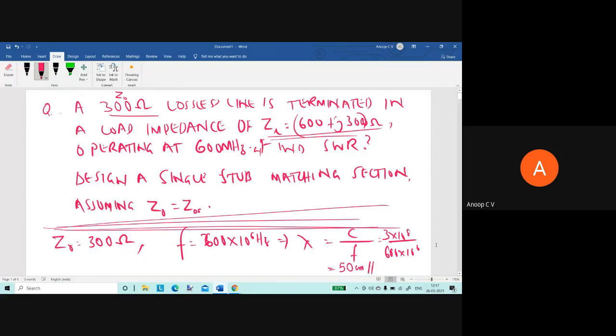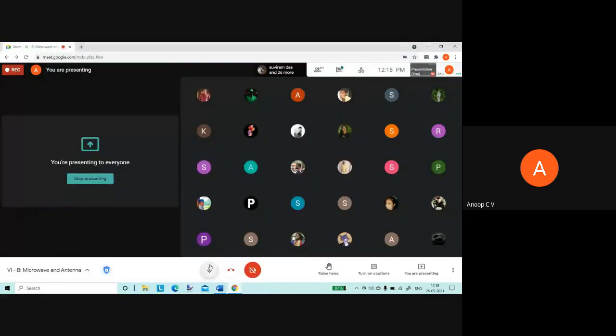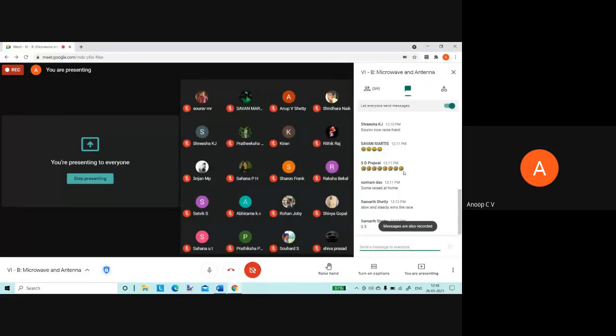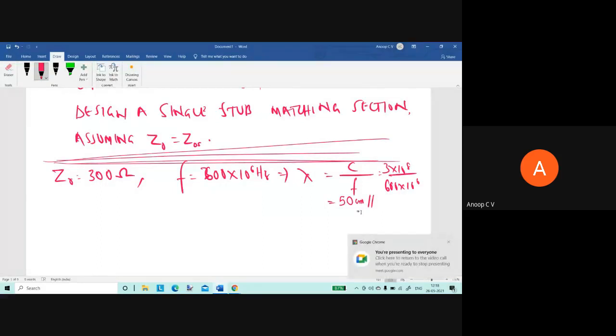Lambda is equal to 50 centimeter. Please get back. C by F, lambda 0.5, it will be 0.5 meters, so it has to be 50 centimeter. Thank you, Samar. So lambda is given to be equal to 50 centimeters.